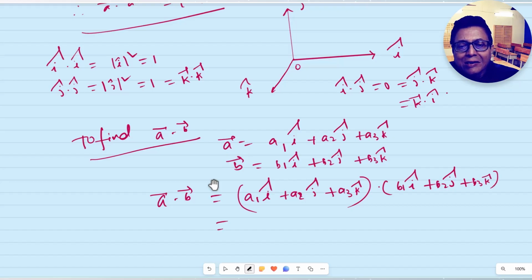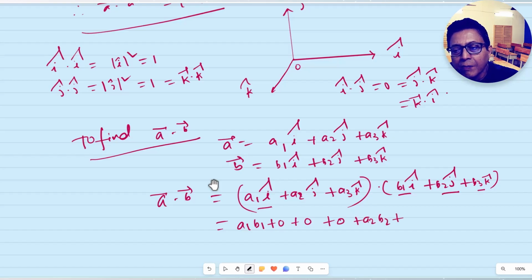now apply the distributive law. This with this one, and this one. i dot i will be 1, but i dot j 0. i dot k, that is also 0. A2 B1 j dot i 0, plus A2 B2 j dot j is 1, plus A2 B3 j dot k is 0, plus A3 B1 k dot i 0, A3 B2 that is 0, plus A3 B3.